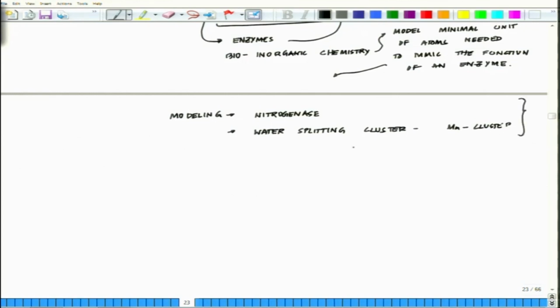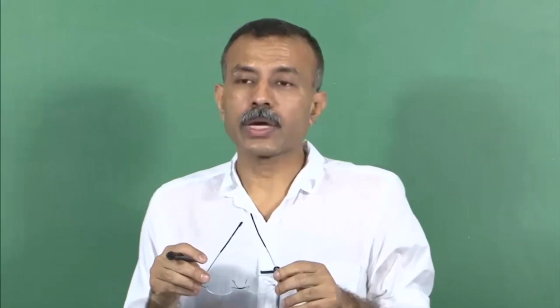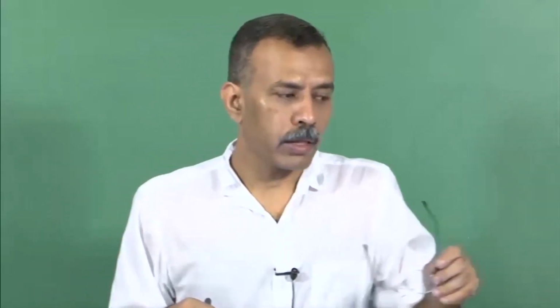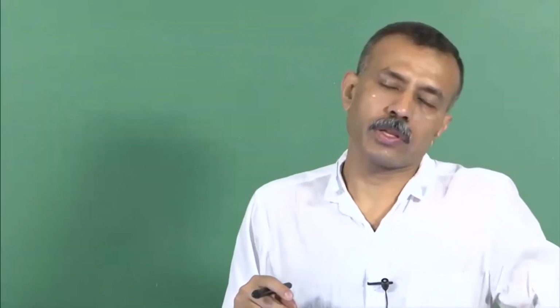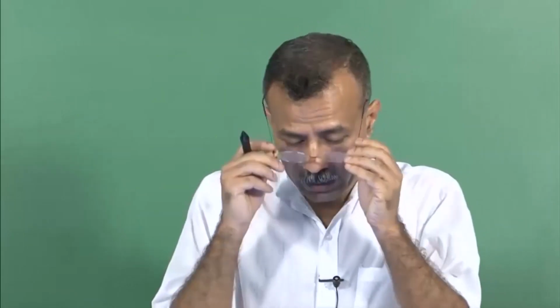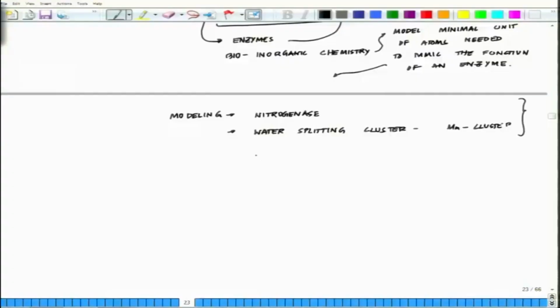So these are the approaches which have been there, but not under the banner of nanotechnology. Just to make you understand, when we talk about an enzyme, we talk about a huge protein moiety, and within that protein moiety you have an active site.